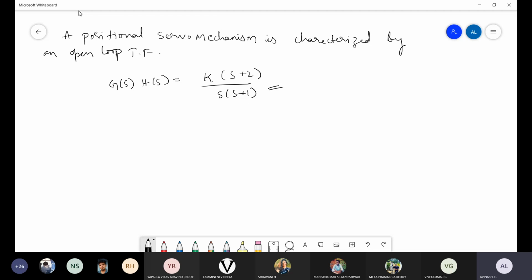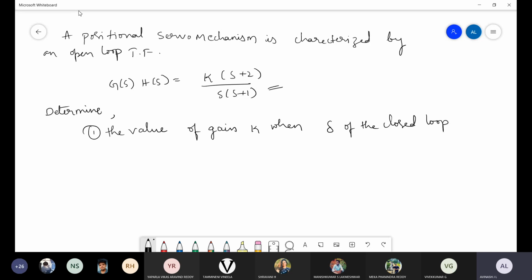Continuing with the question, they are asking to determine, first, the value of the gain K when the damping ratio of the closed loop roots is 0.707.